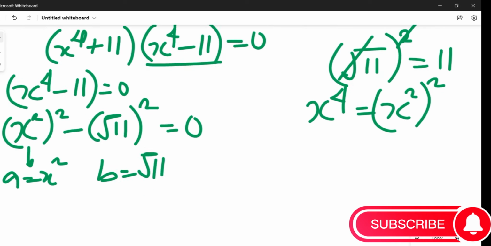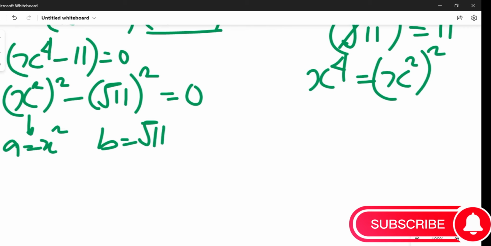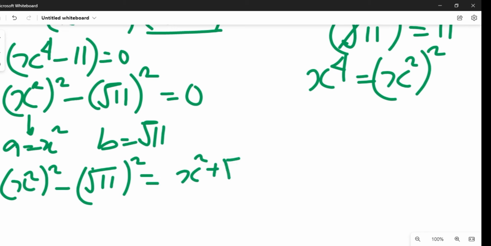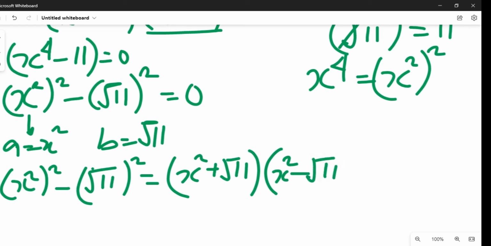If we apply that here, we're going to have x squared all squared minus square root of 11 all squared to be equal to x squared plus square root of 11, multiplied by x squared minus square root of 11.